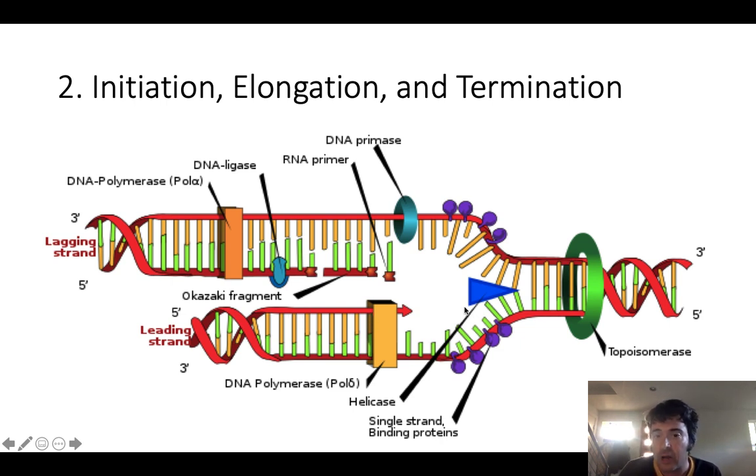And the leading strand is always going to be moving toward the replication fork. So this DNA polymerase right here is synthesizing this leading strand. It's going in a 5 to 3 direction, because you can only tack on to that free hydroxyl, and it's moving toward the replication fork.